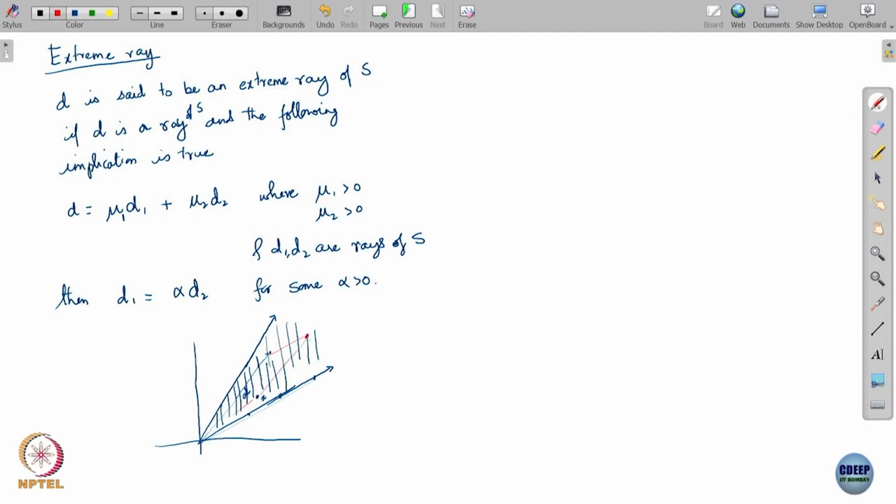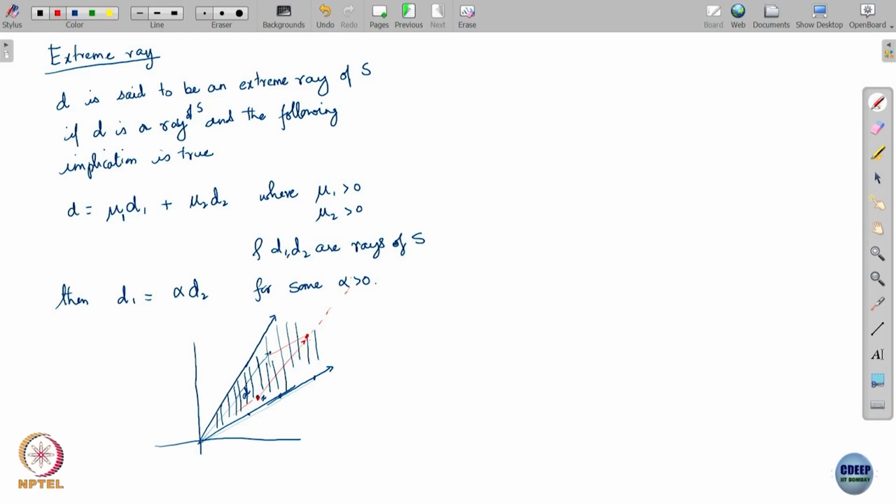This is where my point ends up, and I can keep doing this. I can take any scalar multiple of d and I will still remain in the set. So, effectively I am just translating x along the direction d forever and I will remain in the set. This will be true for any x that I take and any d that you take within the set.